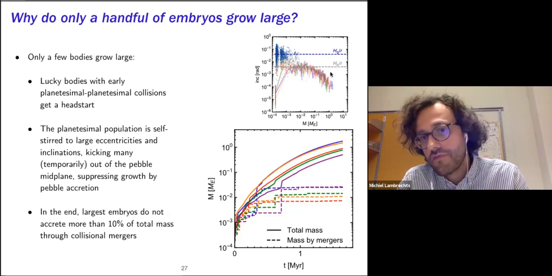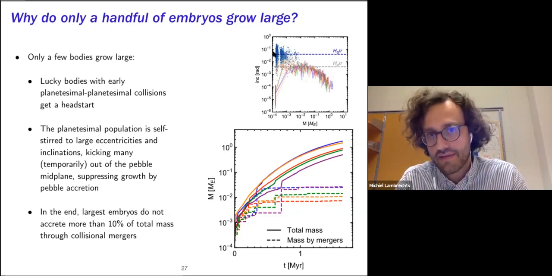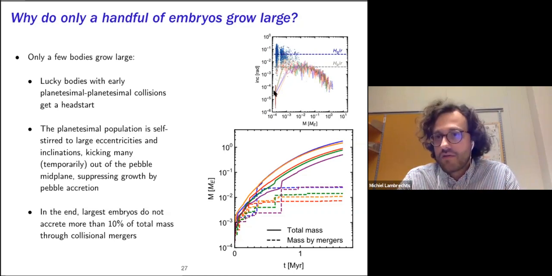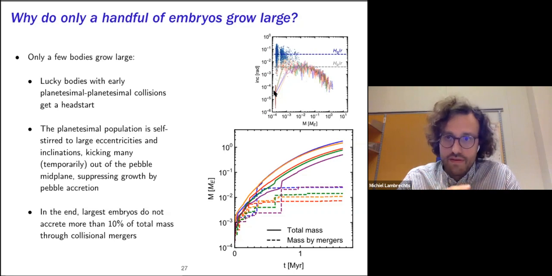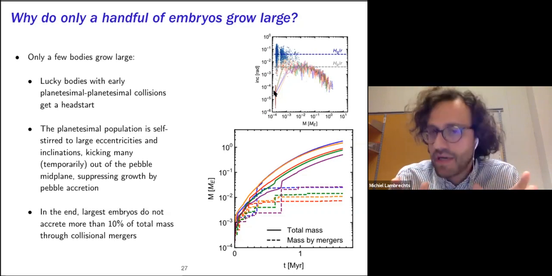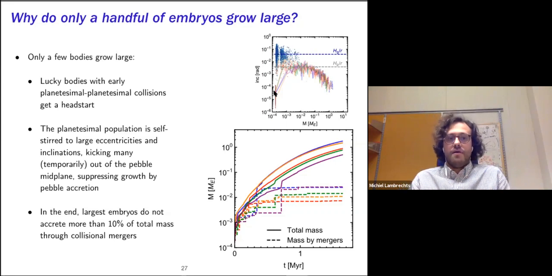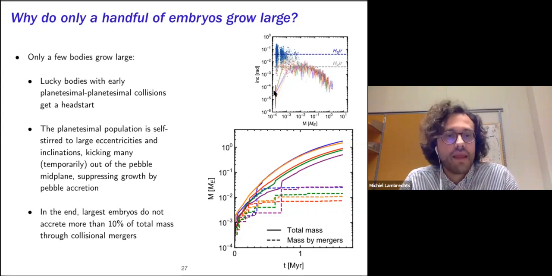So that's what you see here. It's only a few bodies that manage to remain in the pebble midplane. Most of the population gets excited to high inclinations. It's these bodies that happen, basically by chance, to remain in the midplane that grow efficiently, and they grow large.